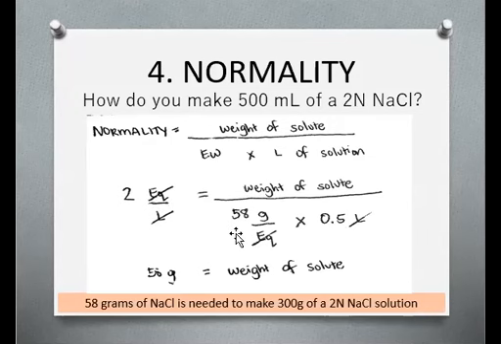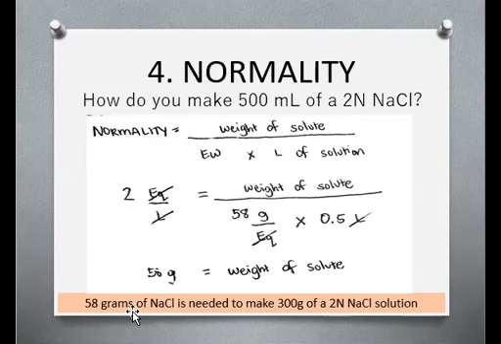Okay, so 2 equivalents per liter is equal to the weight of solute divided by, again, the equivalent weight of sodium chloride, which was established in the first problem for normality, and that is 58 grams per equivalent, times, again, convert this one to liters kasi naka-ml pa, so that's 0.5 liters. So multiply these 3 numbers, so 0.5 times 58 times 2, and you will get the weight of solute, which is 58 grams. And then since it's asking how, you need to answer this one in sentence form.